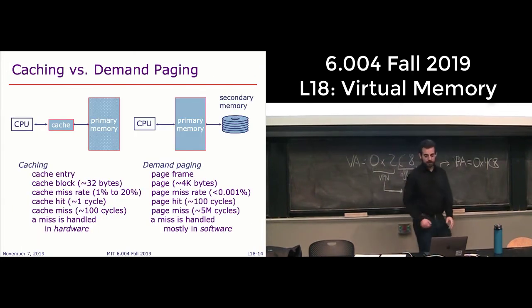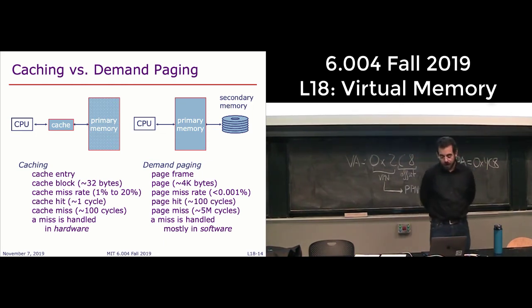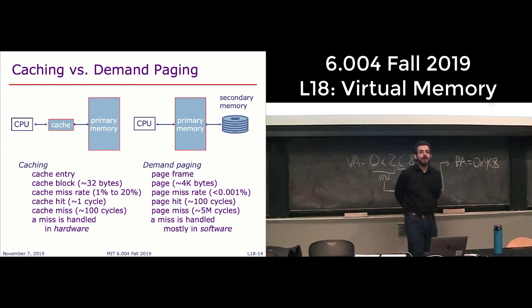Good. So the other question is, we've seen what happens on a hit, right? We've seen what happens when the page is already in main memory. But what happens on a miss? Well, on a miss, essentially we need to implement a cache, and we have exactly the same trade-offs, exactly the same design decisions that we had with normal hardware caches.